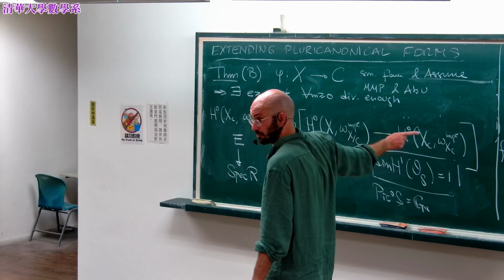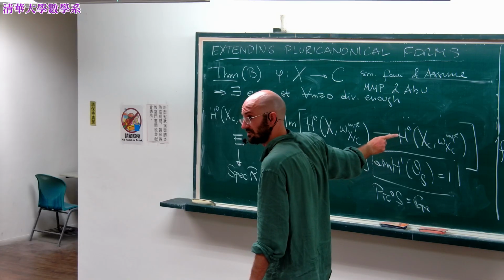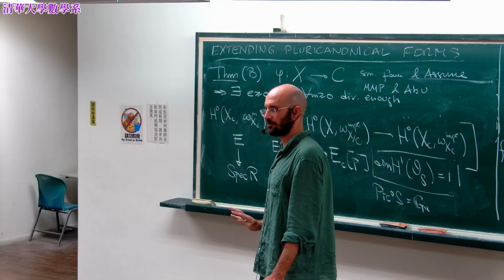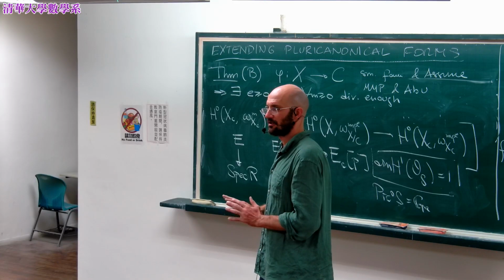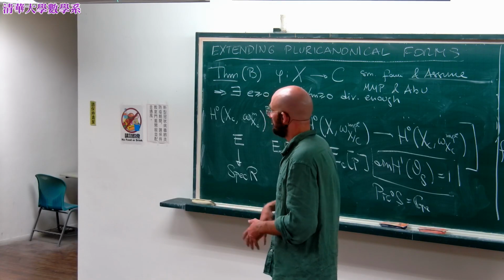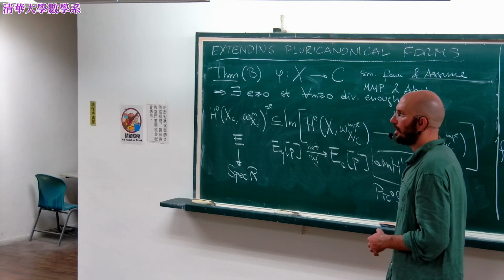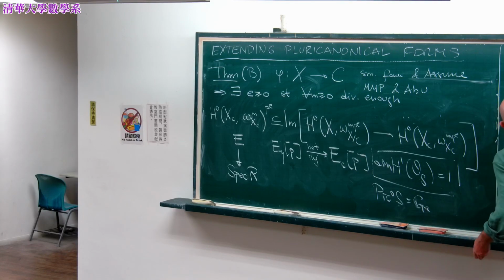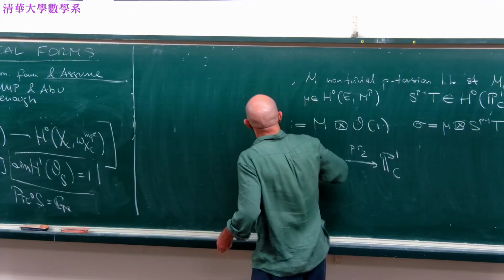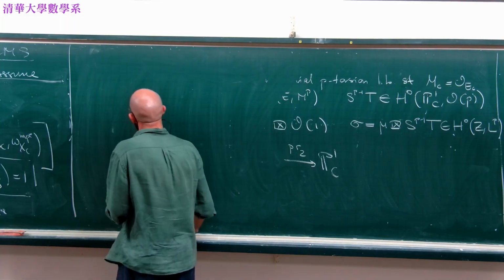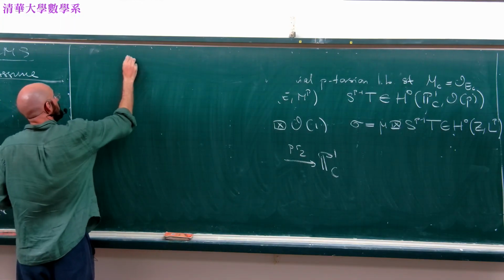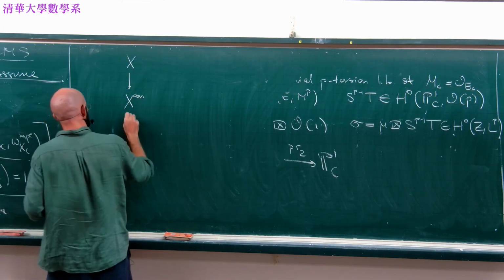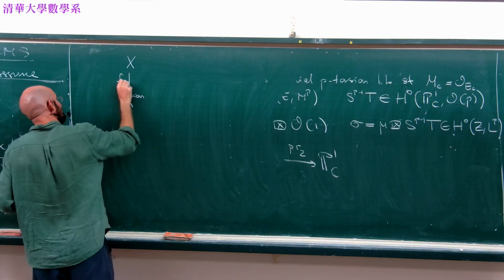In this extension problem, you mean? But in characteristic 0, there is no problem. The theorem works. I mean, it's not that you have a smooth fibration, but what goes wrong here is that you have X to the canonical model over some base, f.